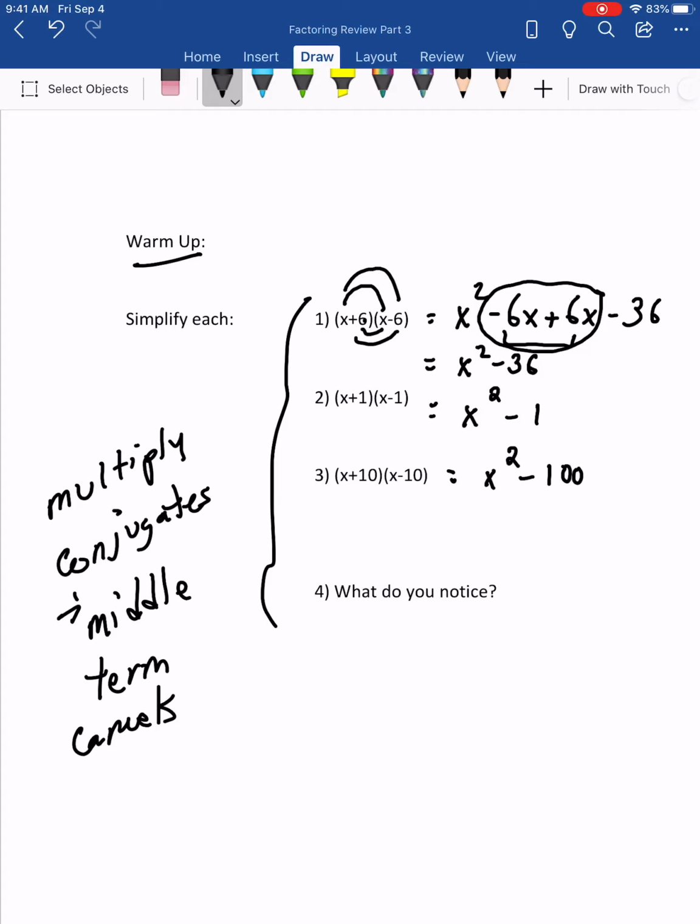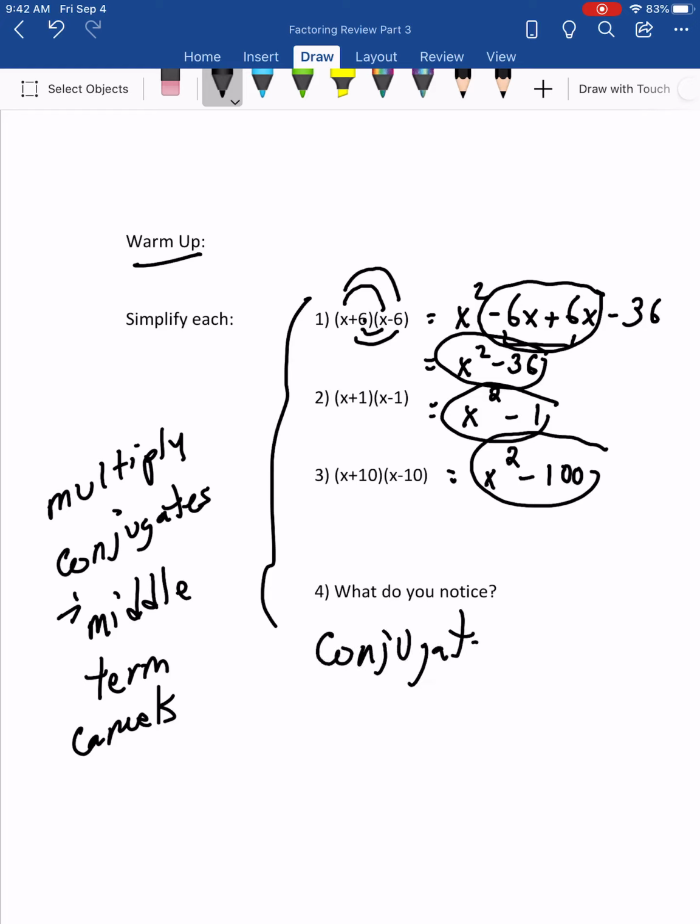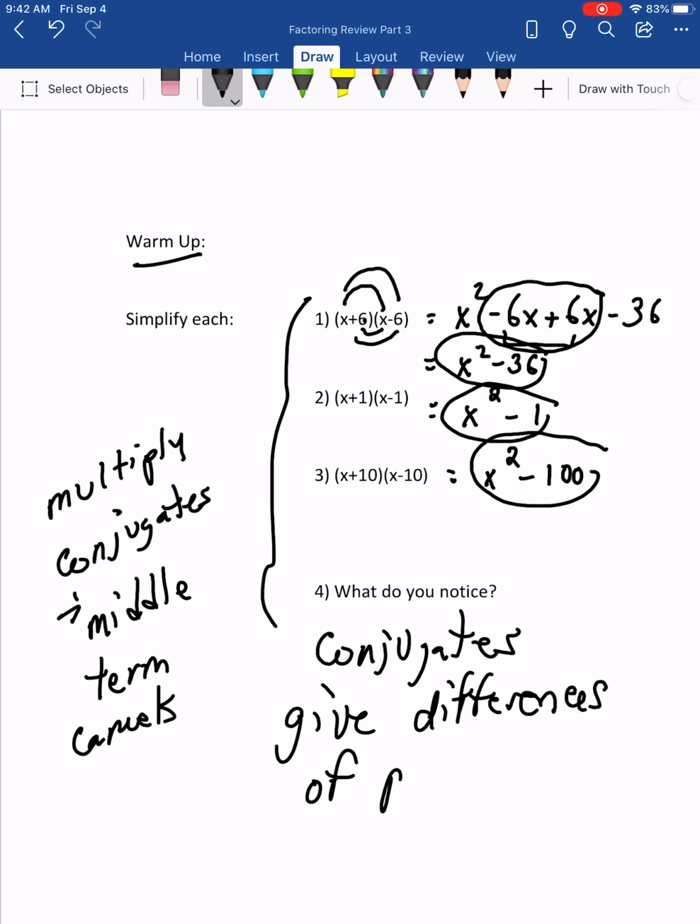And same thing for 2 and 3, right? So we got our answers. Let me just circle our answers. So conjugates give differences of perfect squares.